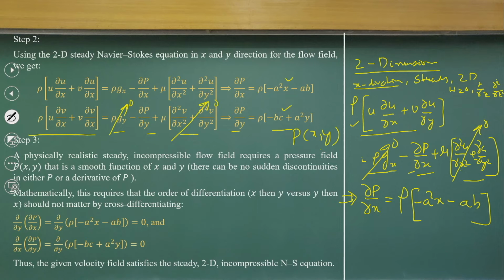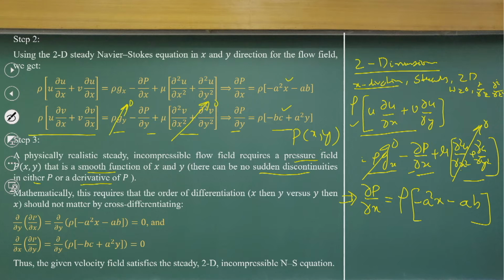For example, first you can find out that the pressure field should be a smooth function, it should not have any sudden discontinuity. Either p or the derivative of p should not have any discontinuity. You can find that by inspection.